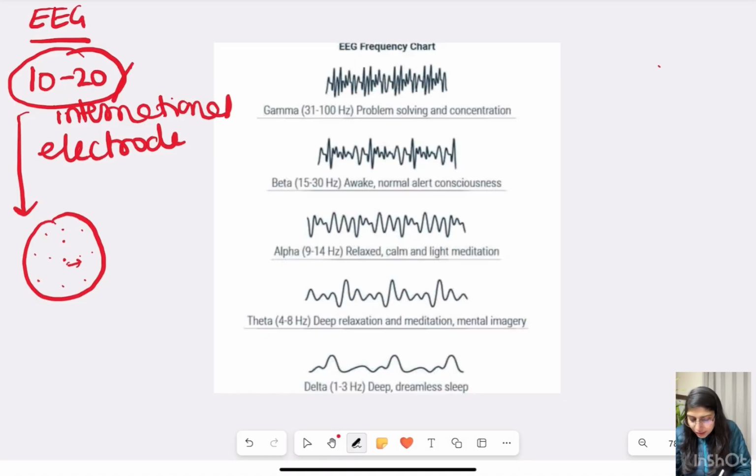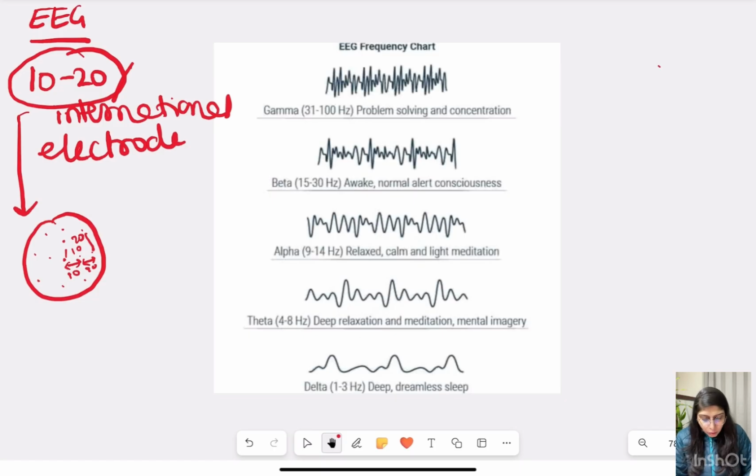The distance between two electrodes will be 10, then the next will be 20, then 10, and then 20. So in the 10-20 system, the 10 and 20 refer to the distance between the electrodes. We'll try to remember that.